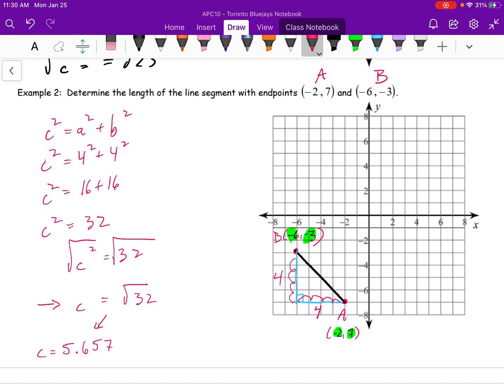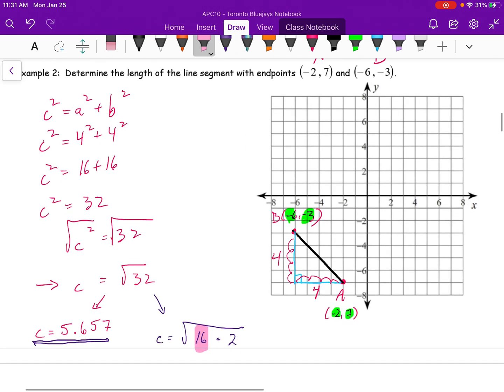Now, if you're trying to get extra fancy on me and you have a little bit more skill in math, we'll be learning how to do this later. So this is what is known as an approximation. If I wish to write this in irrational form, I identify the perfect square factor of 32, and that's 16.